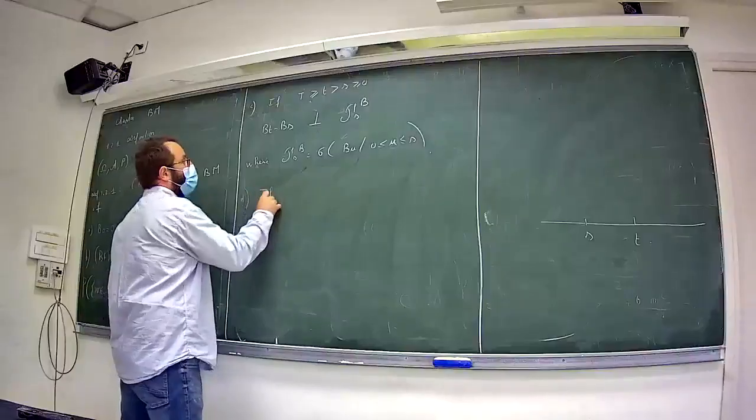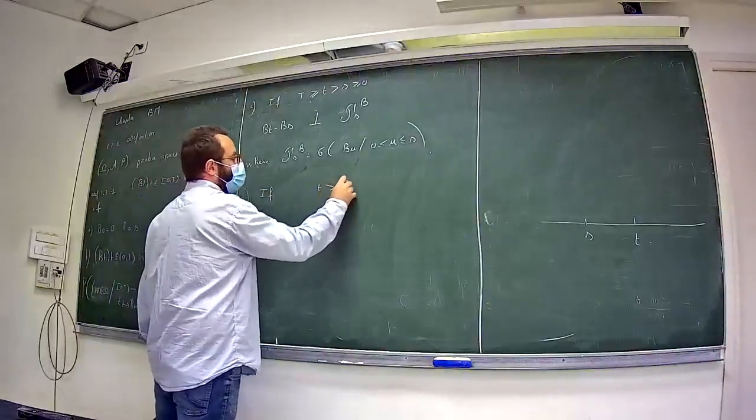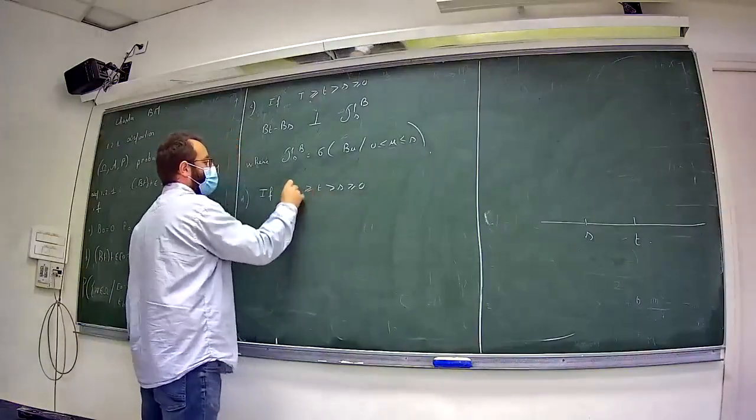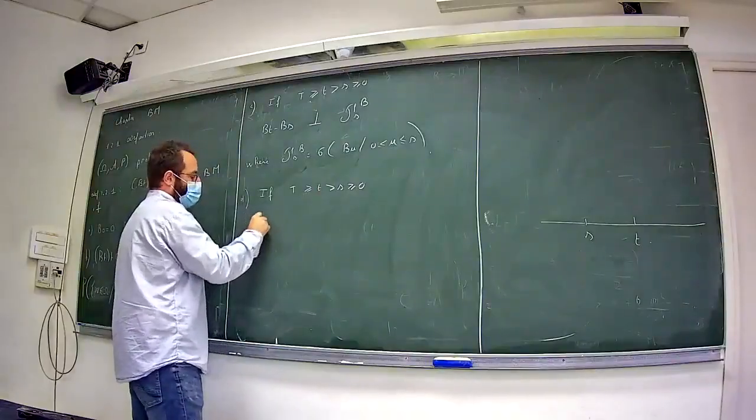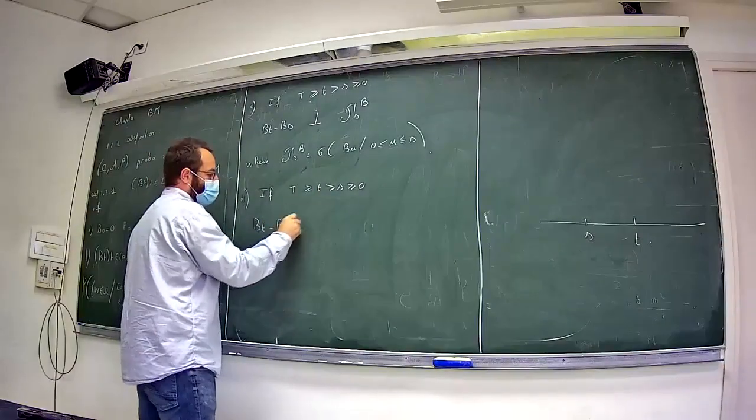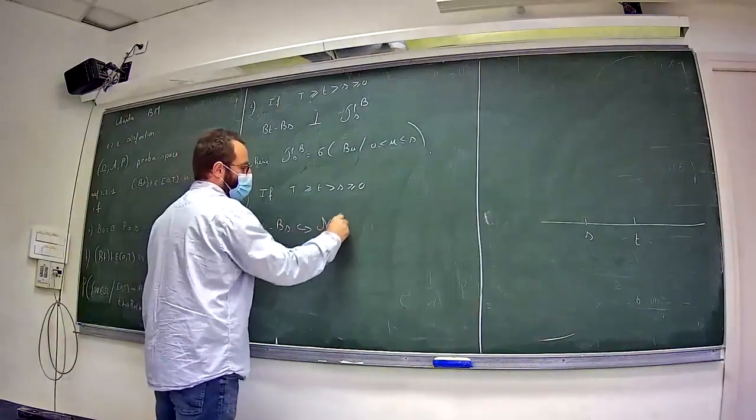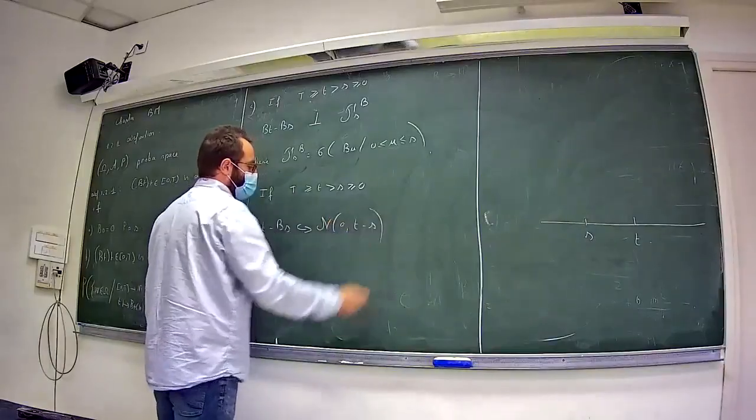If T is strictly greater than S, I know the distribution of Bt minus Bs. It follows the N(0, T minus S).